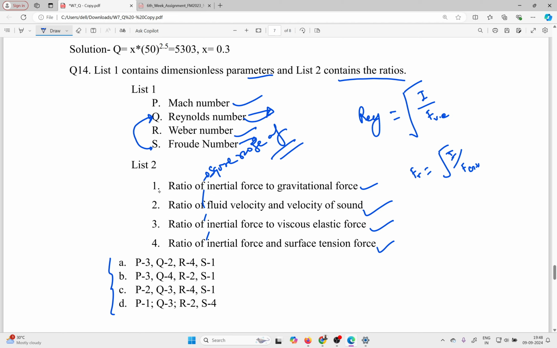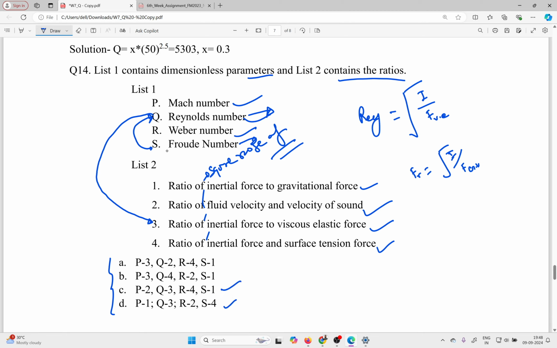So these two things, let me just match. Reynolds number, ratio of inertial force to viscous force, that is Q is matched with 3. So option may be C or D will be correct.